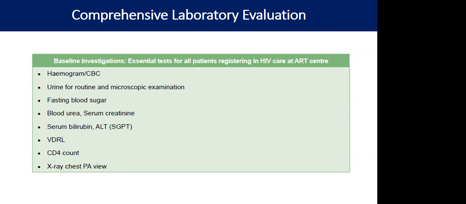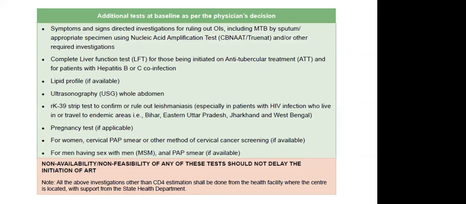Next slide, please. In addition to this, basic additional tests are often done as per the discretion of the ART medical officer or the physician attending the patient. These are essentially symptom and sign directed investigations to rule out OIs. Particularly, TB exclusion is important for symptomatic patients.